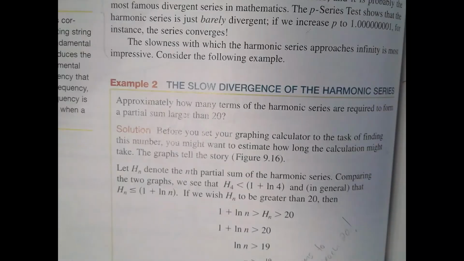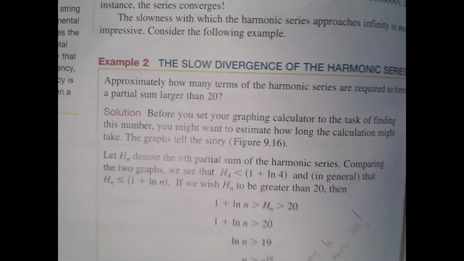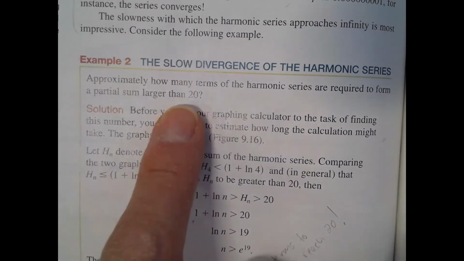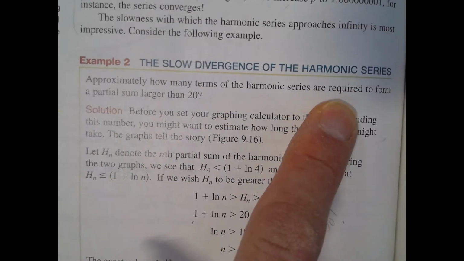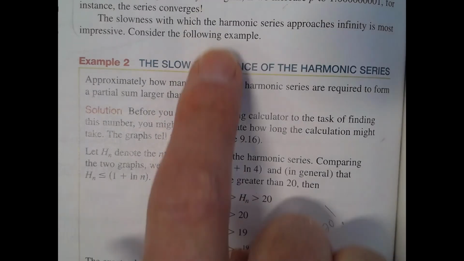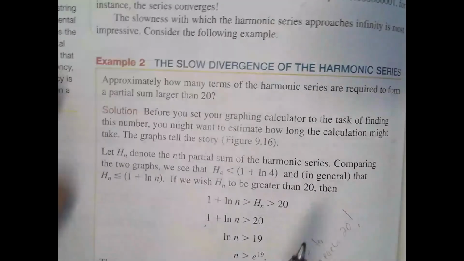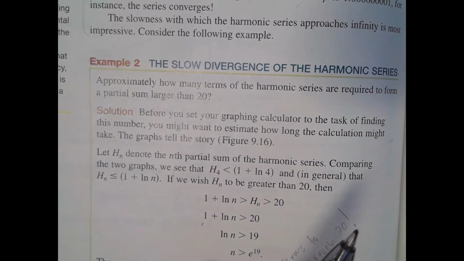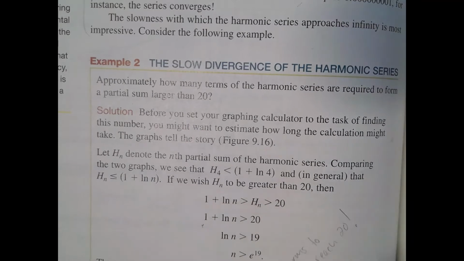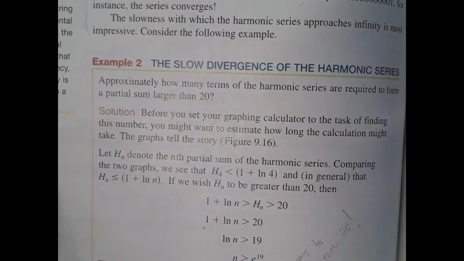How many terms of the harmonic series are needed for the partial sum to be larger than 20? We know that 1 over n diverges because it goes to infinity, but how quickly does it get there? This is just kind of interesting.